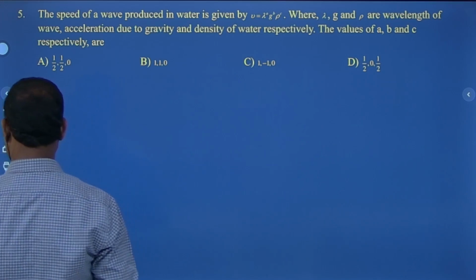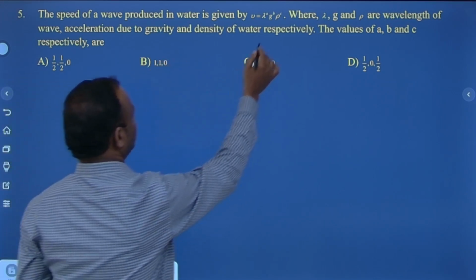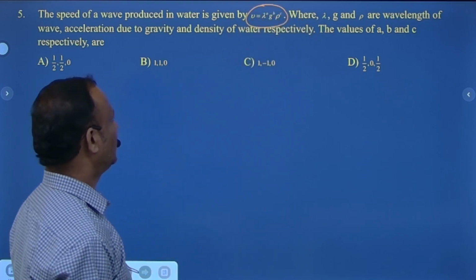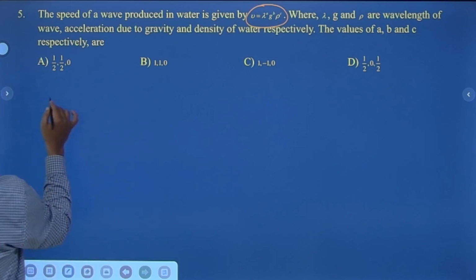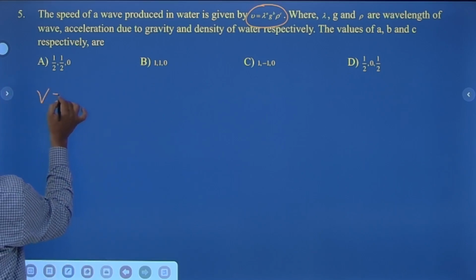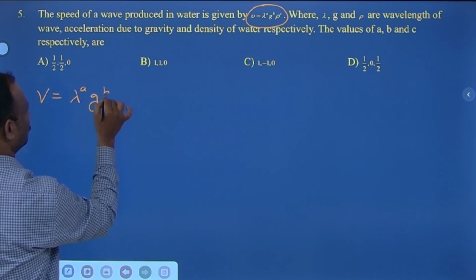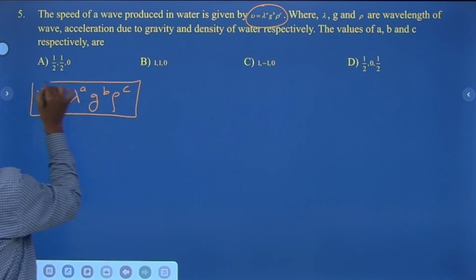Now the first one I'm talking about, the given situation: V is equal to lambda to the power of A, G to the power of B, rho to the power of C. That is my given relation.